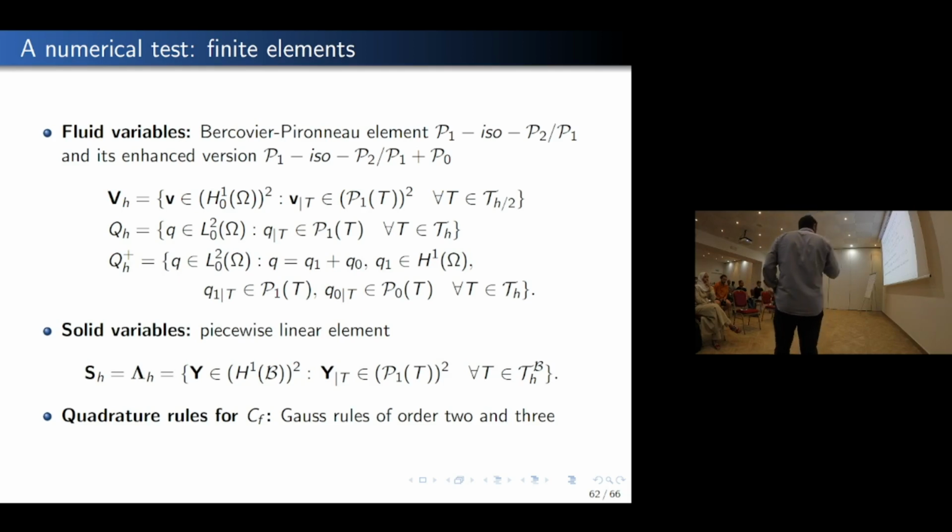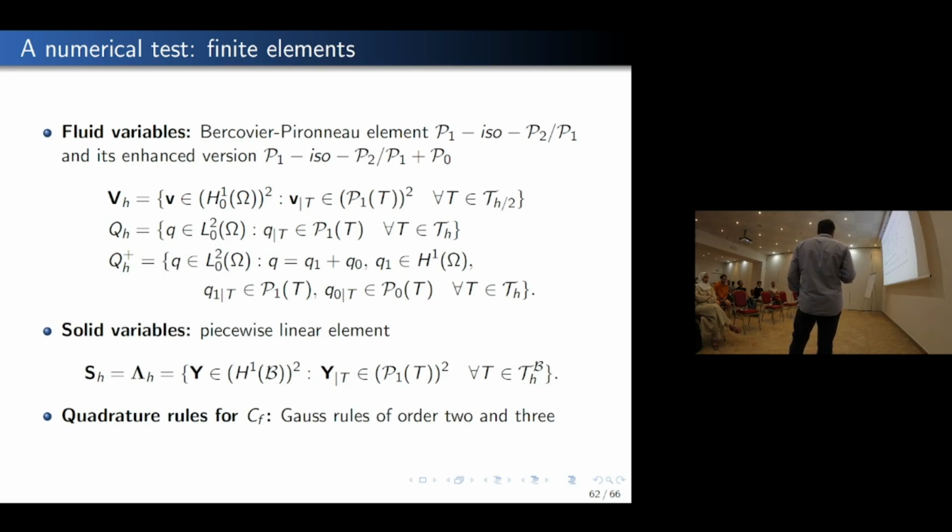The enhanced version of QH means that the pressure has a linear part plus a constant part. Usually in fluid structure interaction there are discontinuous pressures. For the solid variables we use piecewise linear elements, so SH and lambda H are simply piecewise linear on a mesh TH40.